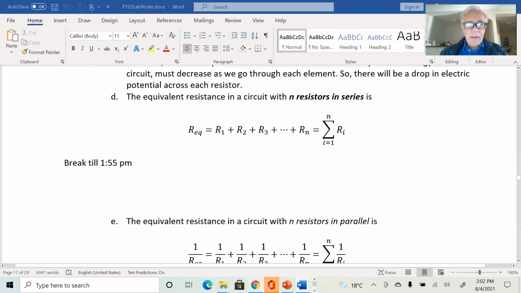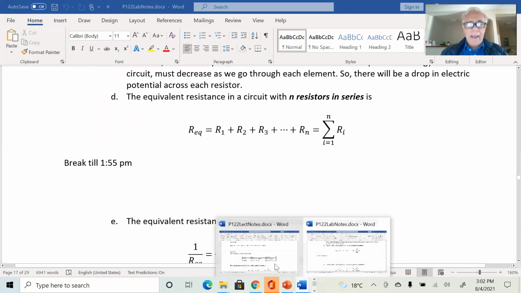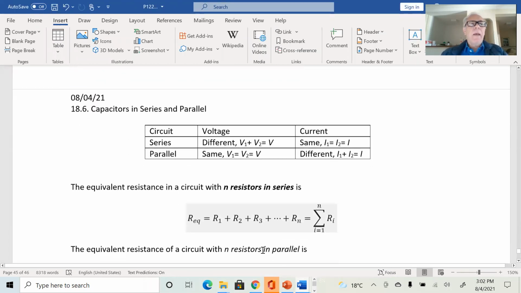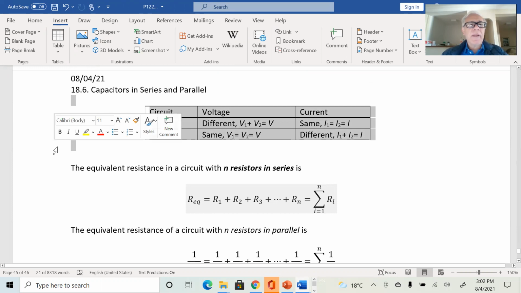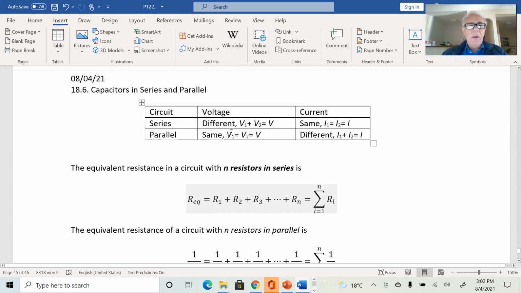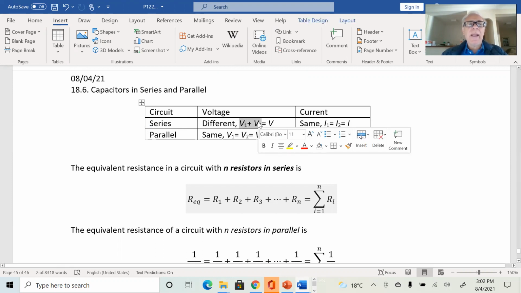So here is the result that we got from the lab. Let me show you here. I showed you in the lab that when elements of a given circuit are connected in series, the voltages across each element sum up to a voltage V. Here I put only two elements, V1 plus V2, but you can have V1 plus V2 plus V3 plus V4 plus Vn.